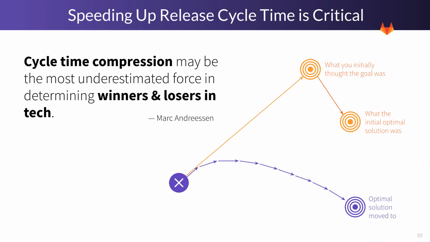And not only does iterating rapidly allow you to respond to the market and changing conditions, it also allows you to skate to where the puck is going to be, to use a hockey analogy. If you're able to change quickly, you're able to get more quickly and more accurately to the optimal solution rather than what you thought the right solution was. And so that is another reason that folks are really looking at cloud native technologies.